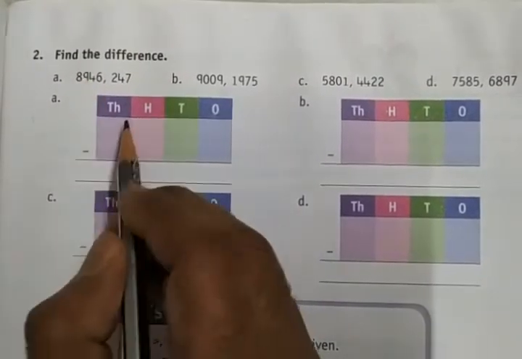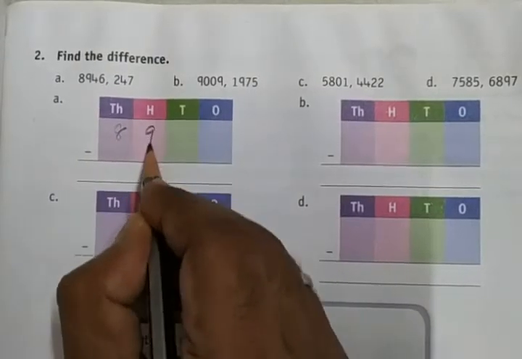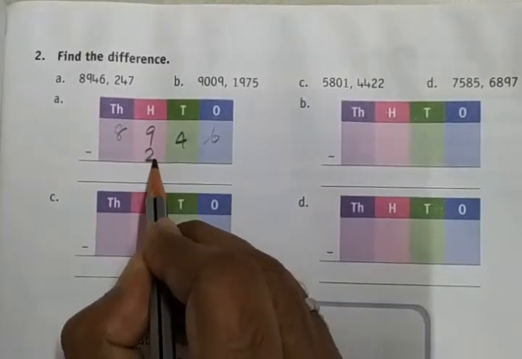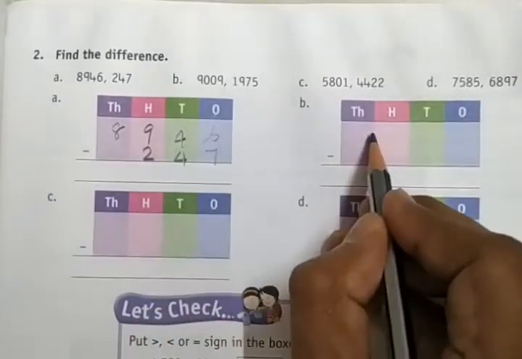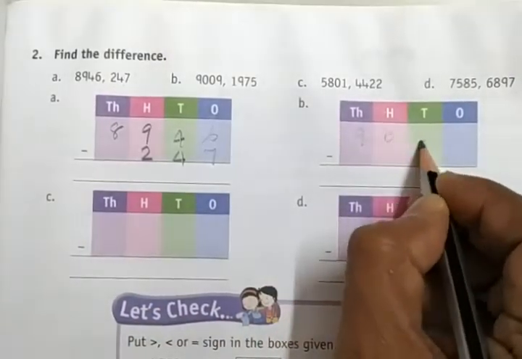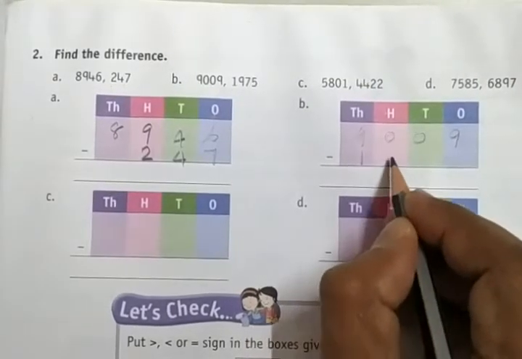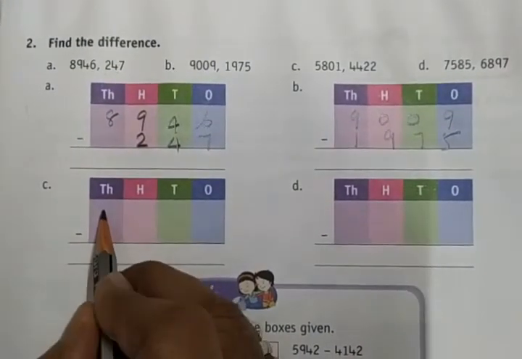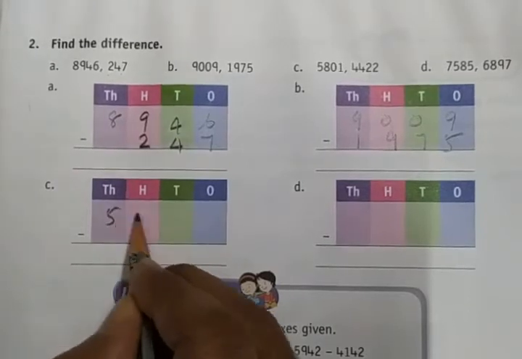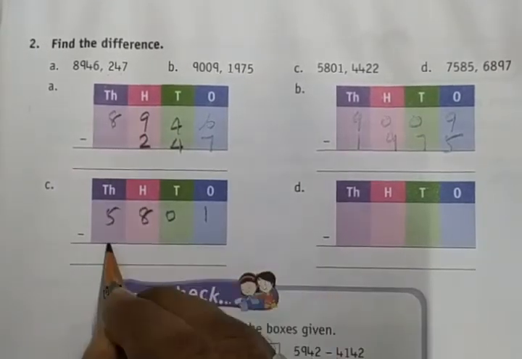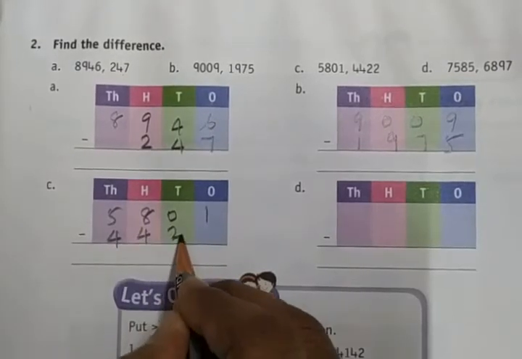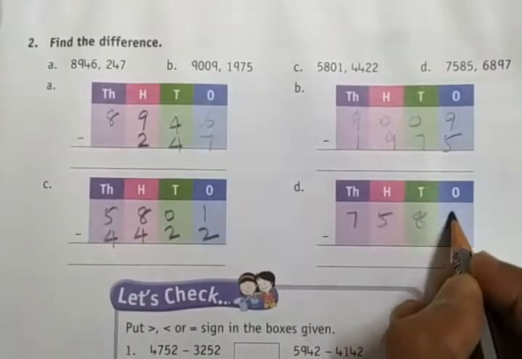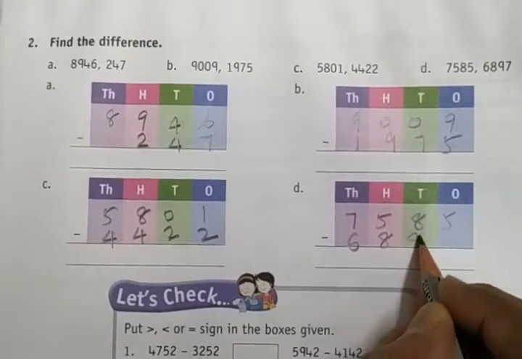So next example, find the difference: 8946 minus 2447, then 9009 minus 1975, then 5801 minus 4422, and 7585 minus 6897.